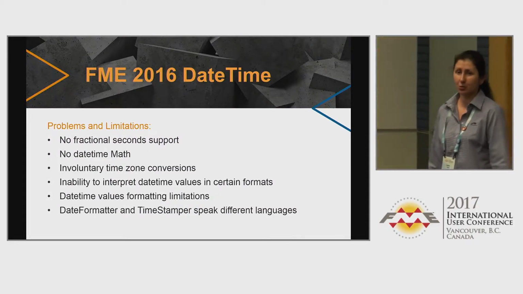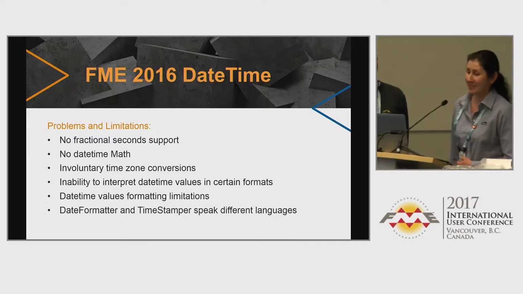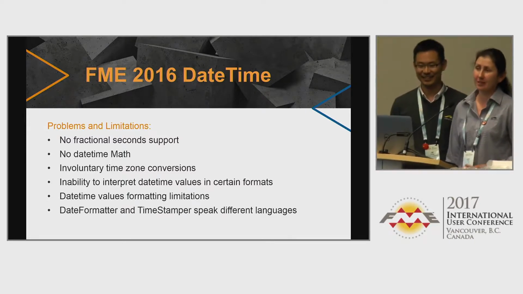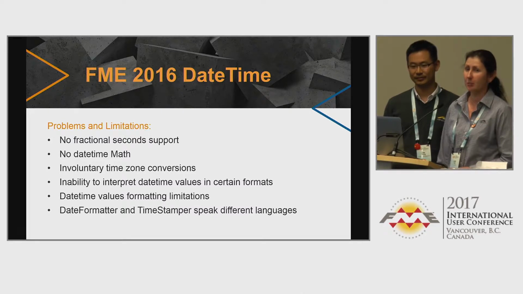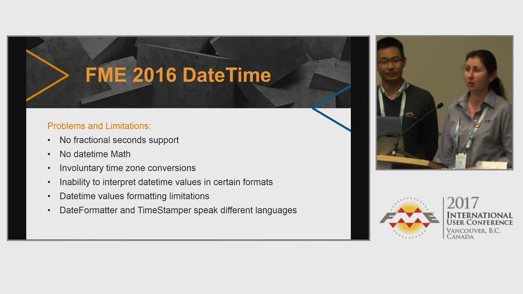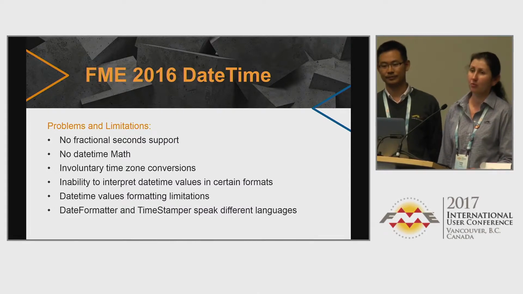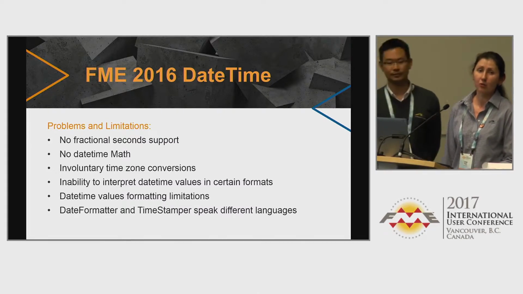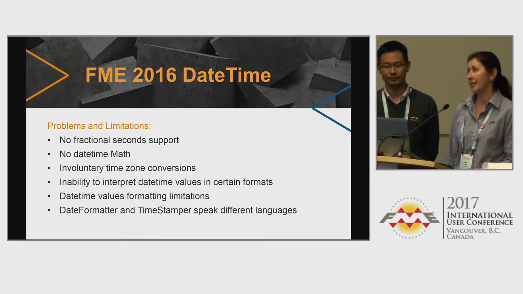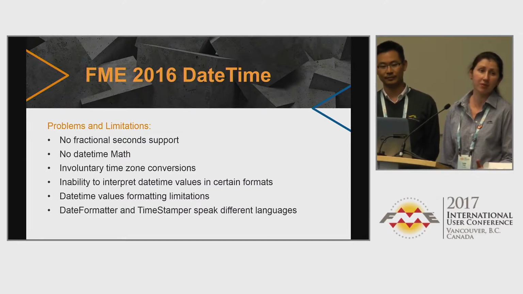Why did we decide to do all of that? We had datetime functionality before, but many of you were aware of some problems and limitations. They were ranging from fundamental, completely no fractional seconds support, to kind of cosmetic, DateFormatter and TimeStamper speaking different languages.